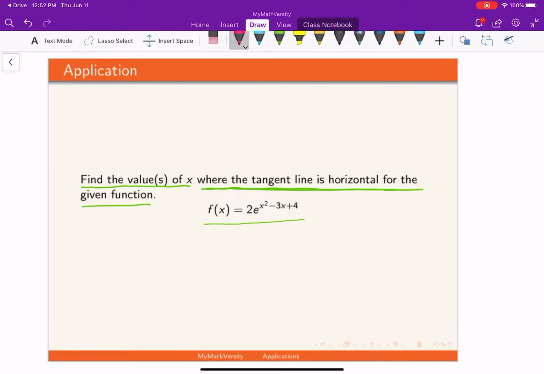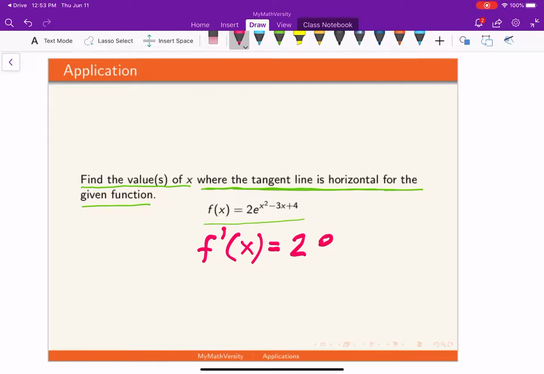So you might have realized we need to first find the derivative of the function. So what is f prime of x in this case? How do we find it? We have a constant multiplied by e to the power x square minus 3x plus 4, right? So we use the constant multiple rule, which is 2 times the derivative of e to the power x square minus 3x plus 4.